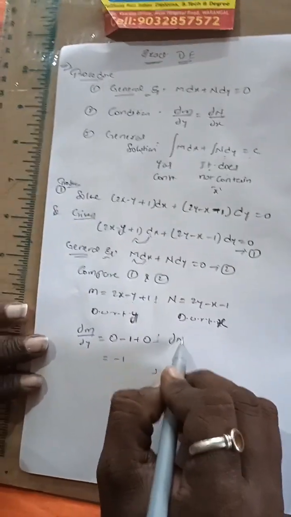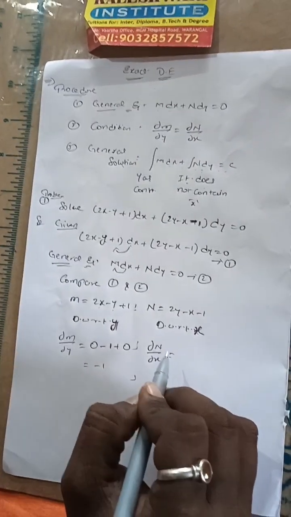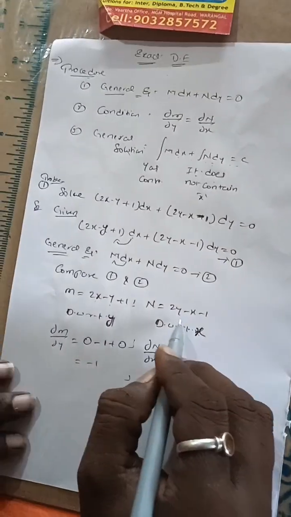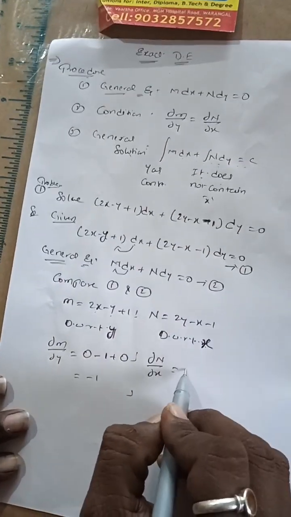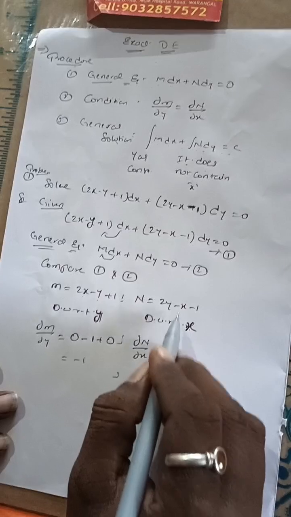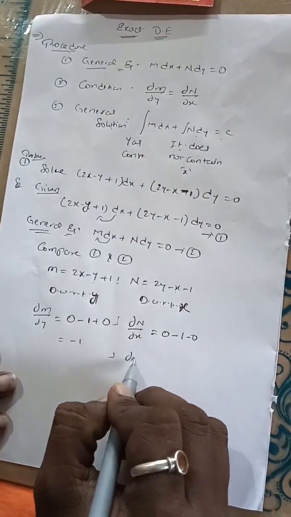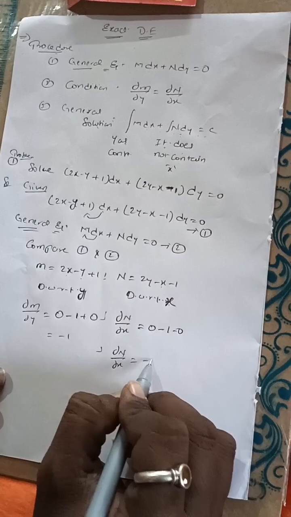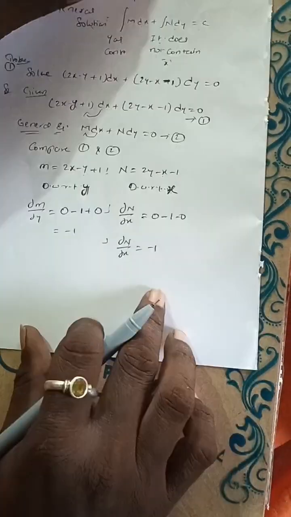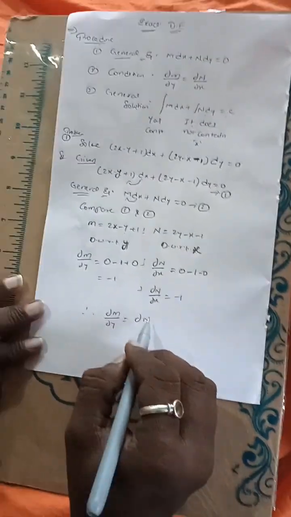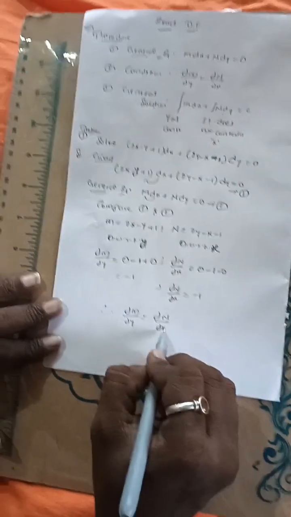Dou N by dou x: 2y becomes 0, minus x becomes minus 1, minus 1 becomes 0, so dou N by dou x equal to minus 1. Therefore dou M by dou y equal to dou N by dou x.